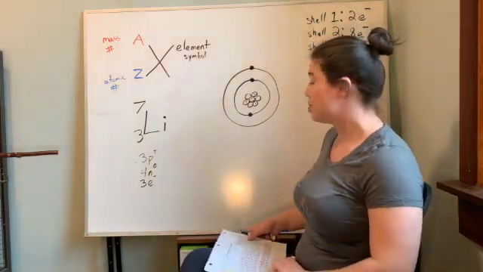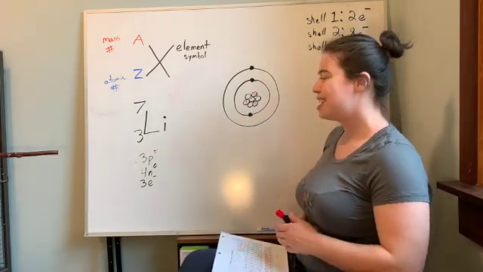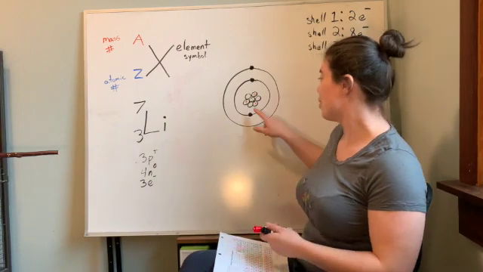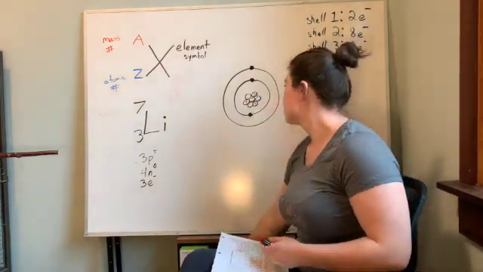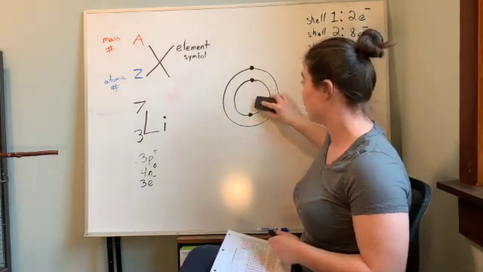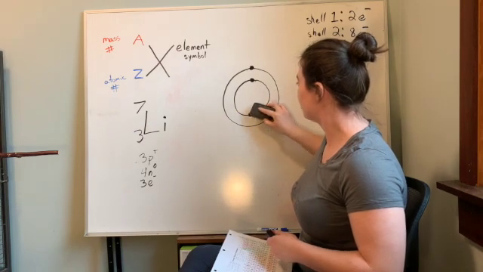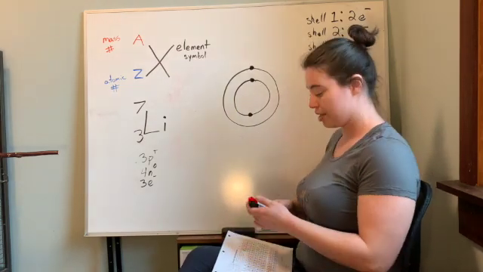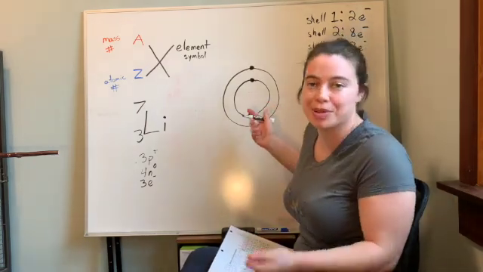Now there's another way that you can draw these. Sometimes when people draw a bigger atom, drawing all these circles for the protons and neutrons can get really difficult. So one thing that you'll sometimes see people do, and you are welcome to do this, it'll save you a lot of time, is instead of drawing all these circles for the protons and neutrons, we can basically, in the center, just write how many protons and neutrons there are.